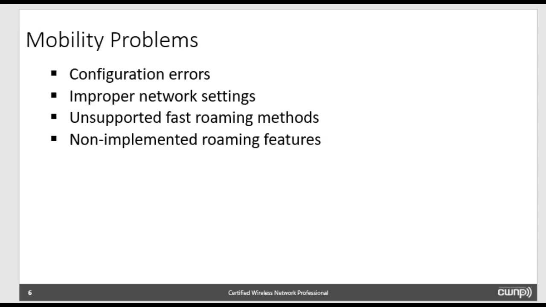Then if you look at mobility problems, mobility problems indicate there's a roaming issue that's either failing or taking too long. And when you're doing that, what are you checking for? I'm checking configuration errors. People put the data in, we make mistakes, causes problems.